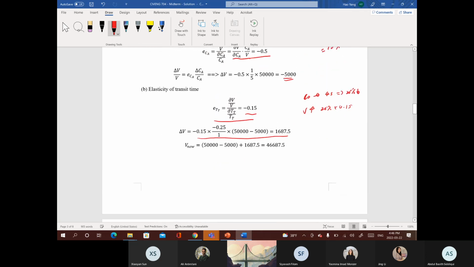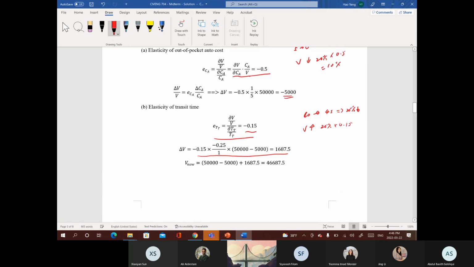So it shows that the volume increase from the transit time reduction is around 1,687, and you can find the combined effect, the updated volume of trips with respect to the change in the cost for the auto and the reduction of the transit time.